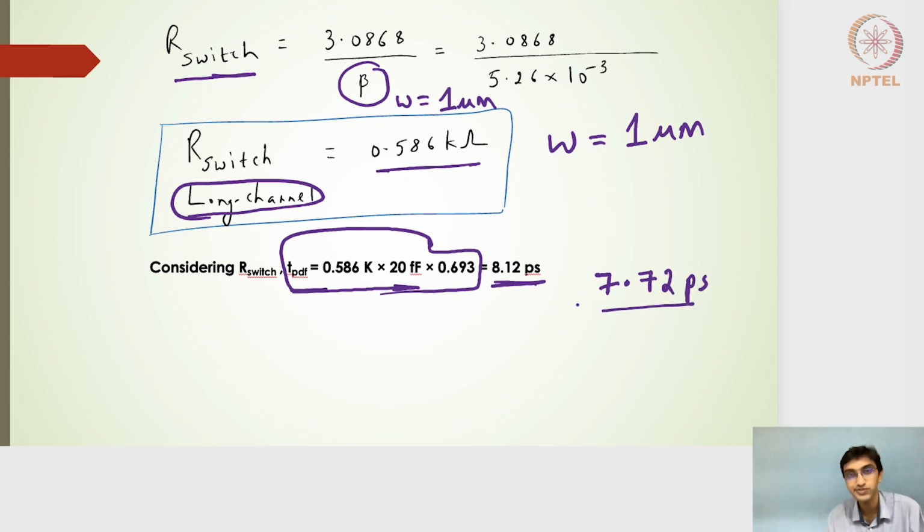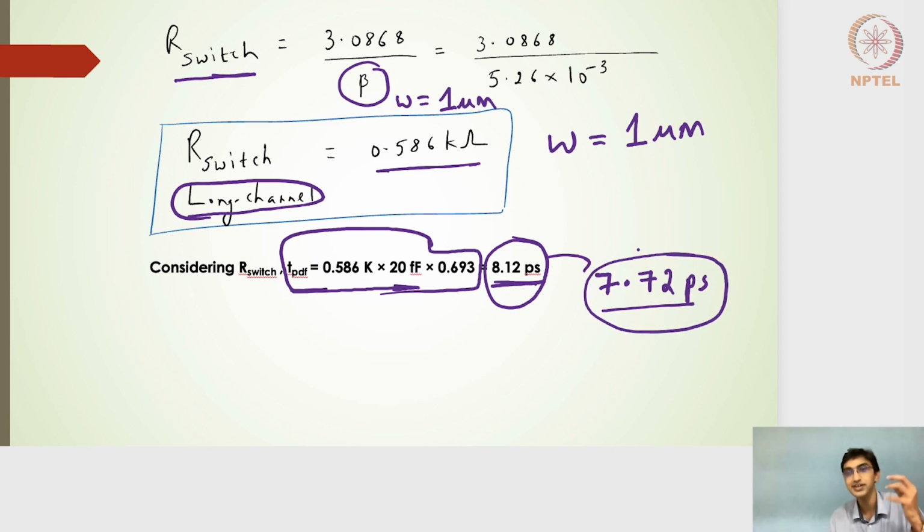So if I use the switching resistance of 0.586 kilo ohms and treat it like an RC circuit, my propagation delay falling, for a step input, is coming close to the value of 7.72 picoseconds. So no need to take the transistor current equation, voltage profile, and then the propagation delay falling, and then finding out the value of 7.72.